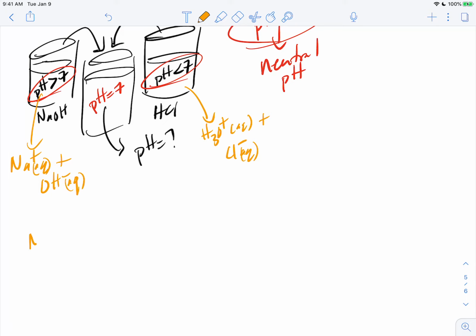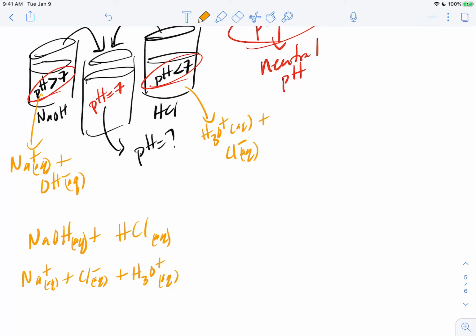I'll rewrite this so we can see it. NaOH plus HCl, both aqueous. But we can write these out as ions and say we have Na plus aqueous plus OH minus aqueous plus H3O plus aqueous plus Cl minus aqueous.